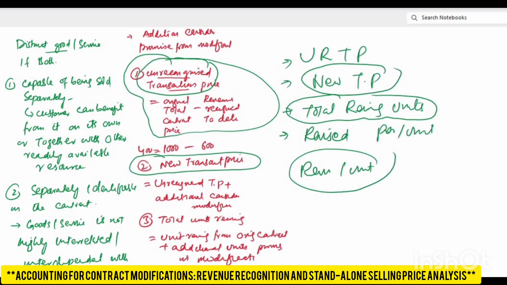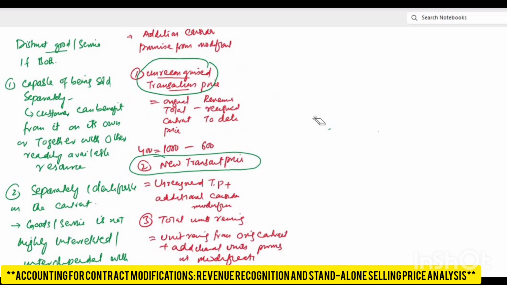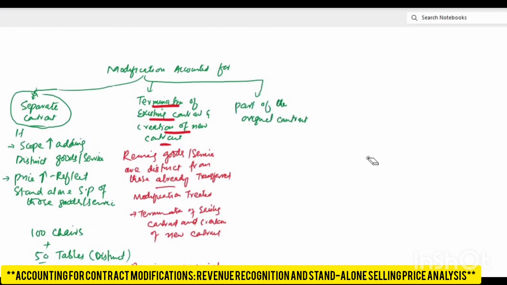If the modification is not treated as a separate contract, and the remaining goods or services are not distinct, then it will be considered as a part of the original contract. Clear?